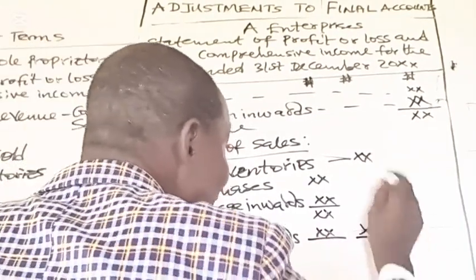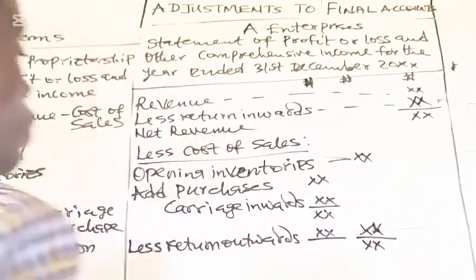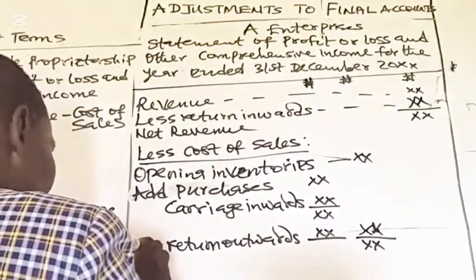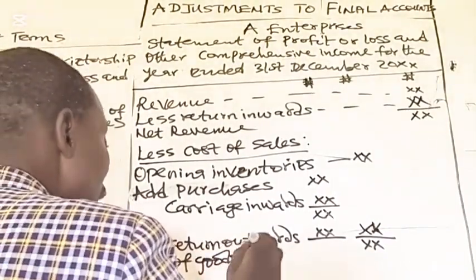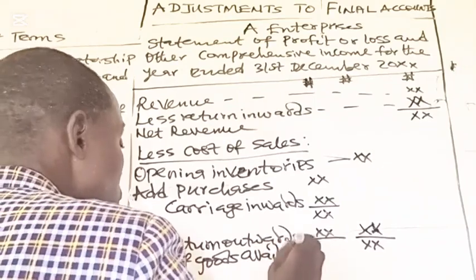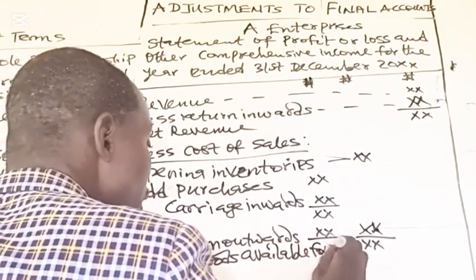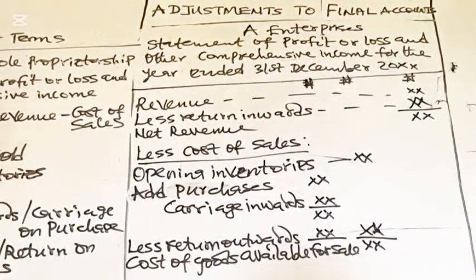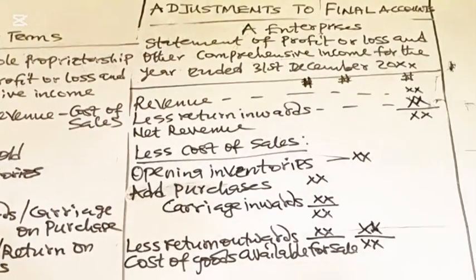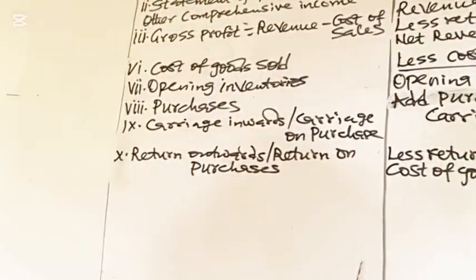Then if you add this to your opening inventory, you get cost of goods available for sales. Then from this, if you have any closing inventories, what do you mean by closing inventories now?